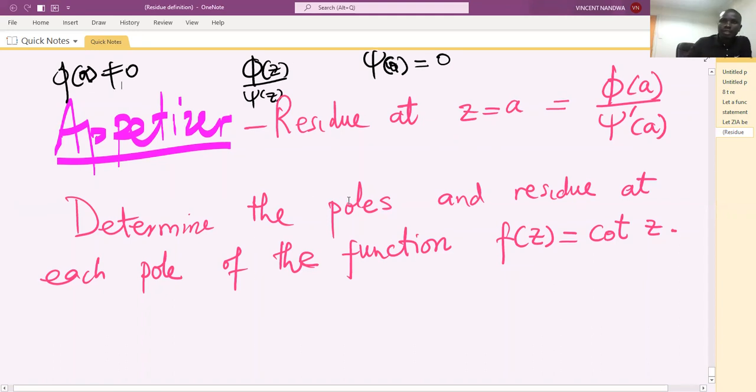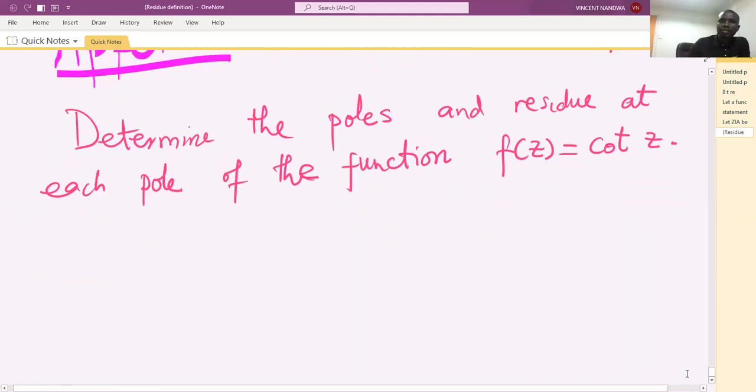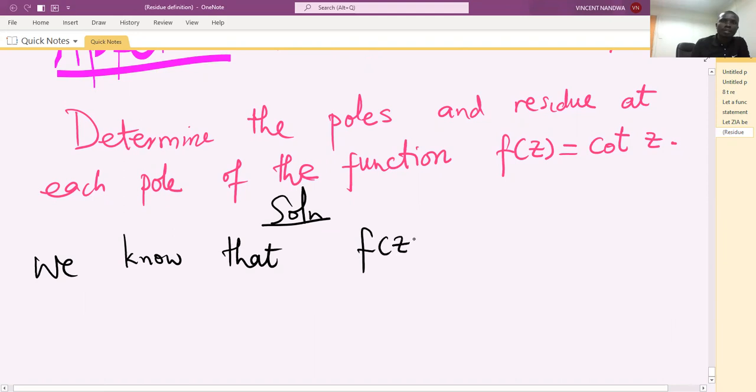So solution for this function given by cot z. We know that f of z given by cot of z can be written as cos of z over sine of z.